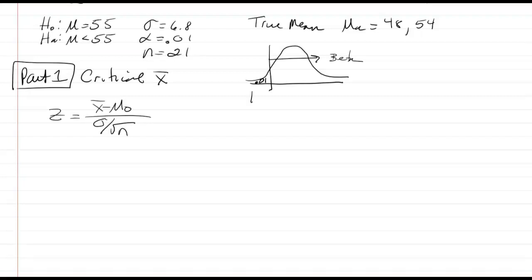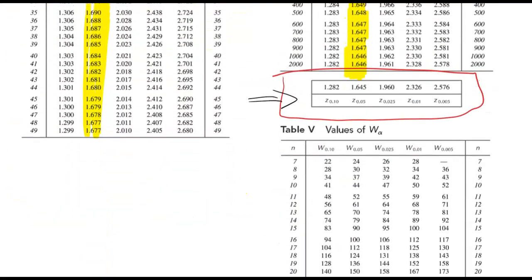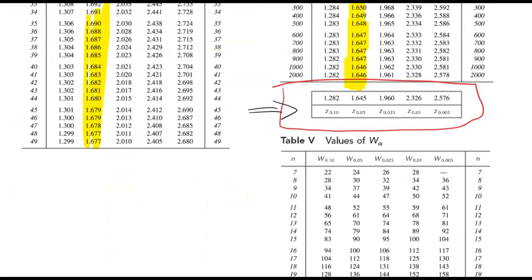All right, so this is where you go to your z-table, which I can pull up right here. We're going to go to that quick z-table to figure out what the z-test statistic is at 0.01. We're going to use 2.326.